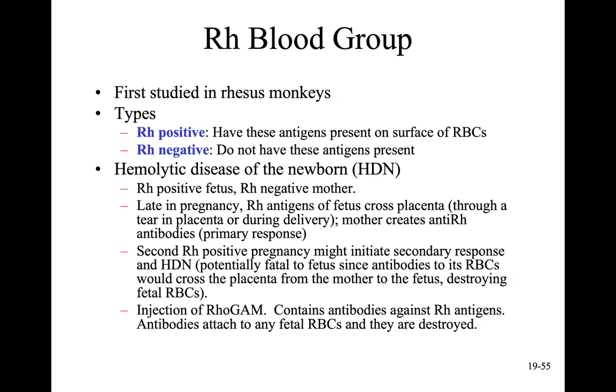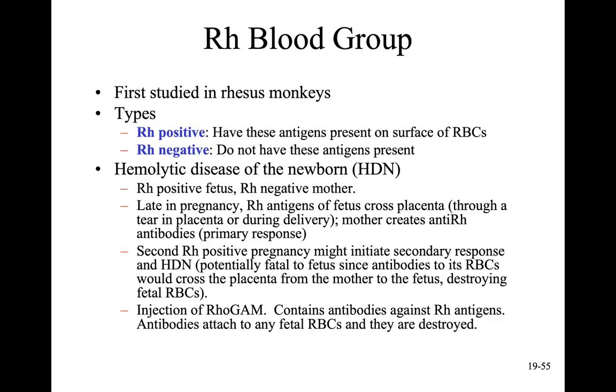The first pregnancy, you guys understand that the only time there's mixing of blood between mom and the fetus, direct mixing, is during vaginal delivery. That's it, right? During normal pregnancy, there's always a little bit of a barrier preventing mom and baby's red blood cells from mixing together.